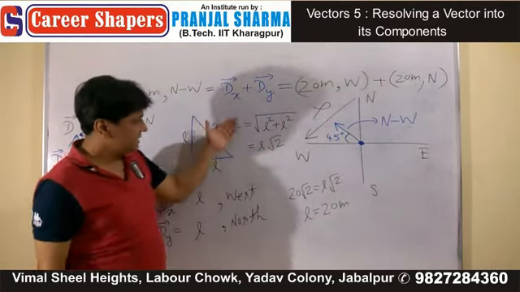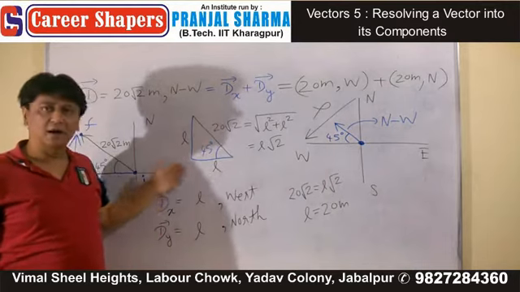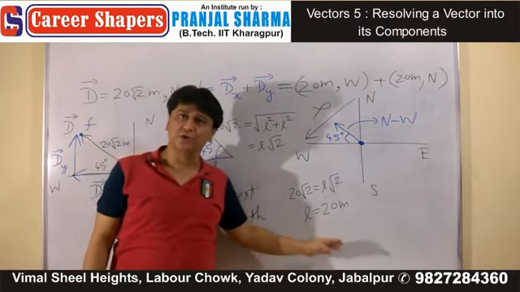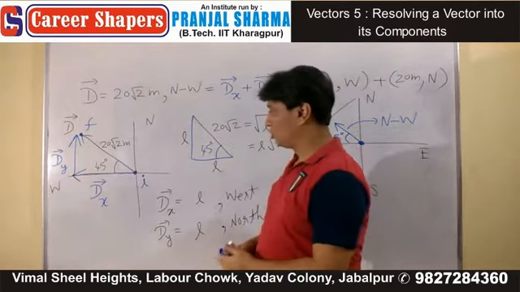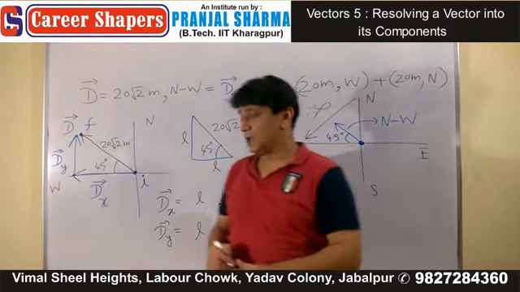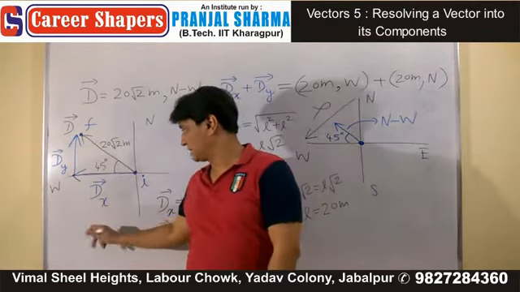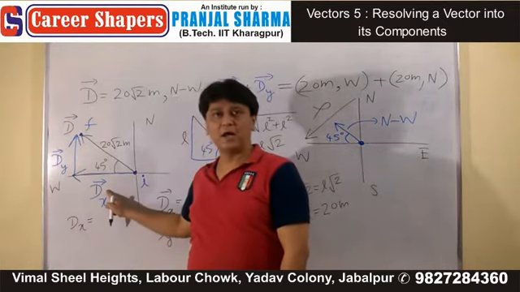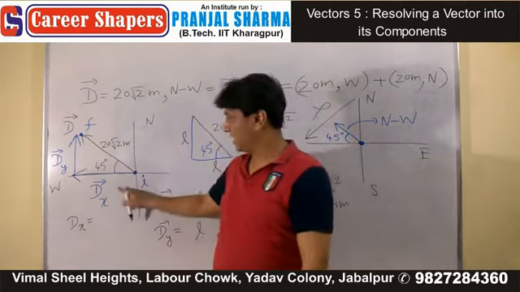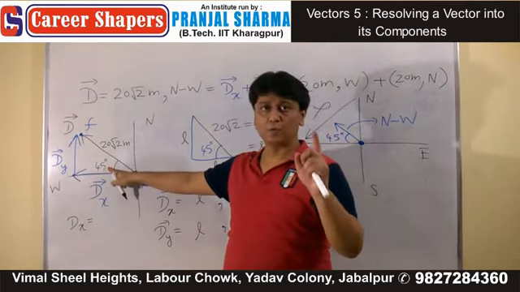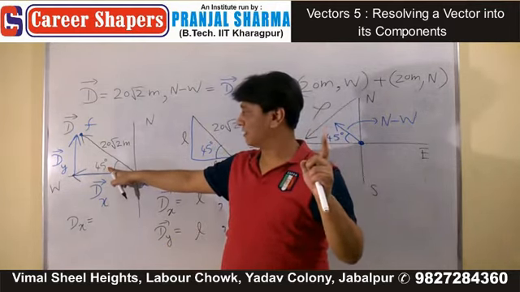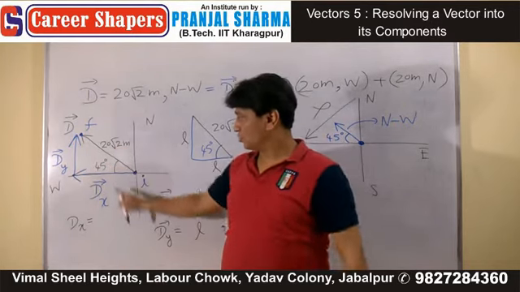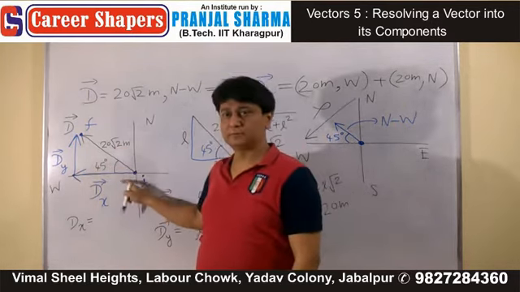Now, instead of making a triangle again and again and doing this type of calculation, what I have told you is this. We call dx the base component. Base means the one which is attached with the angle between the hypotenuse and base. So what is the length of this?